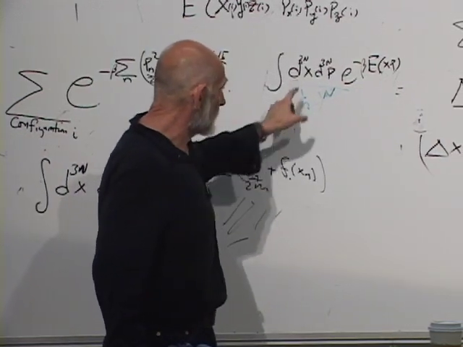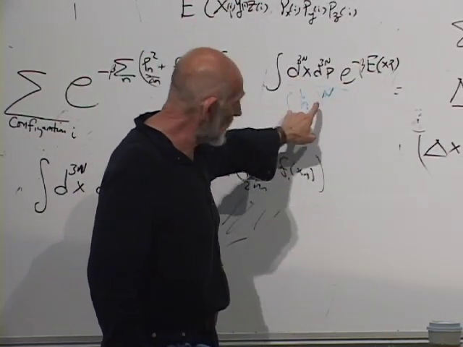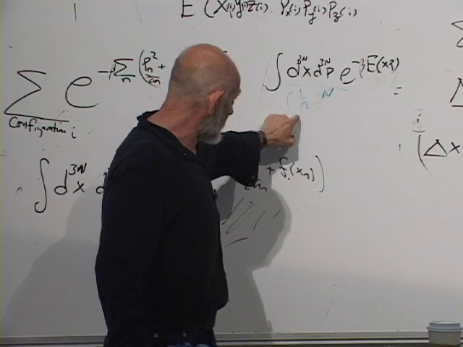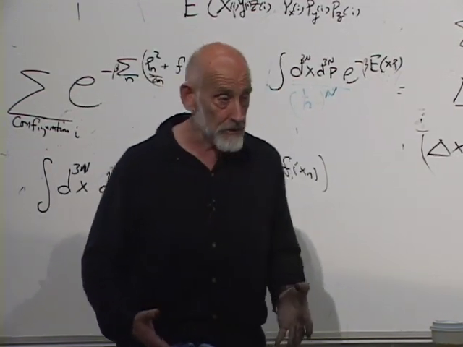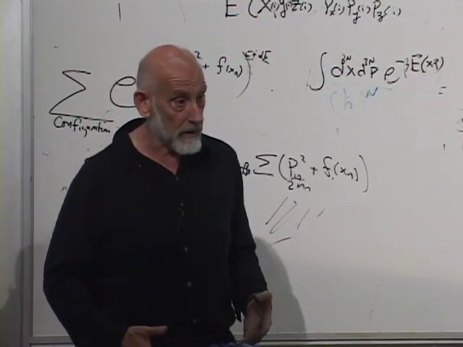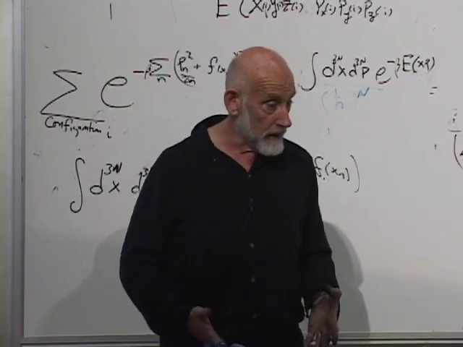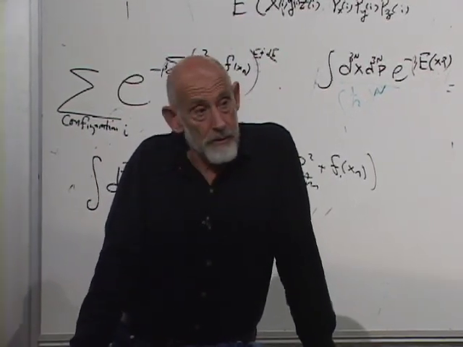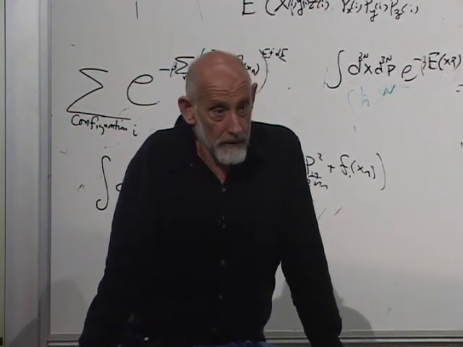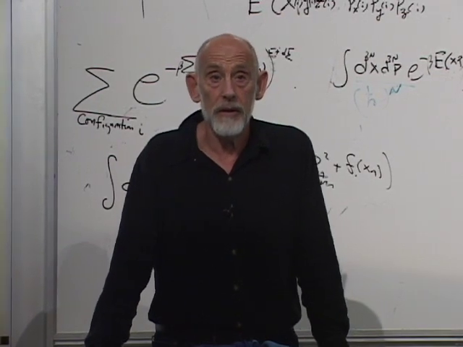To the extent that you can replace sums by integrals, it factors out as a multiplicative constant. And when you take the logarithm, it's just an additive constant in the free energy and in the entropy. Okay, so it's not a significant thing.